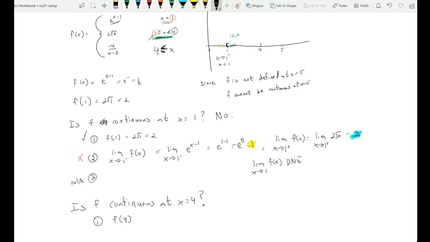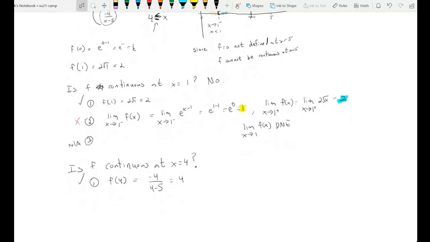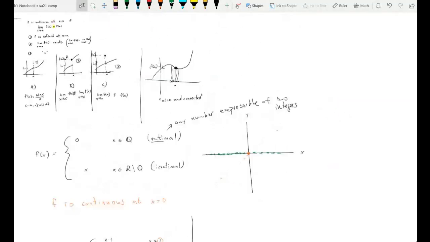So yes, the function is defined at 4, because when x equals 4 we'd be using this piece. So that's equal to 4. So yes, the function exists at 4 and it's equal to 4. Oh, okay, I apologize. You didn't say no to that.